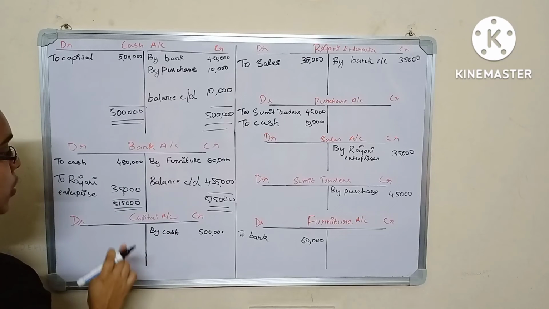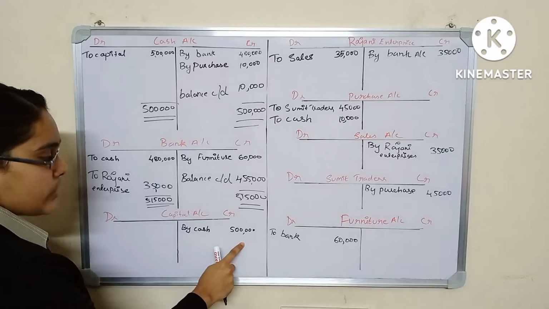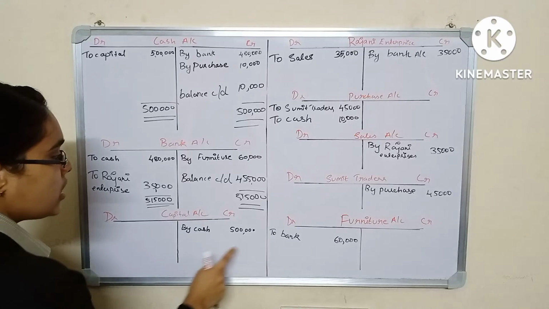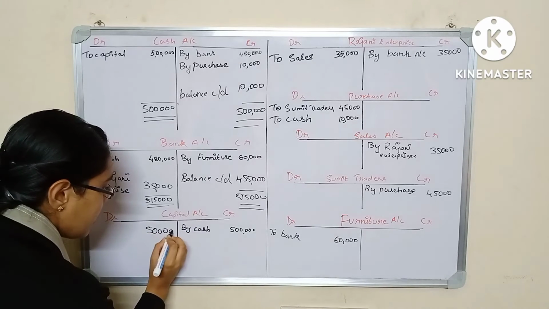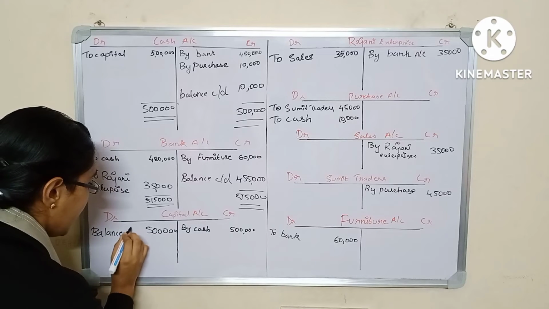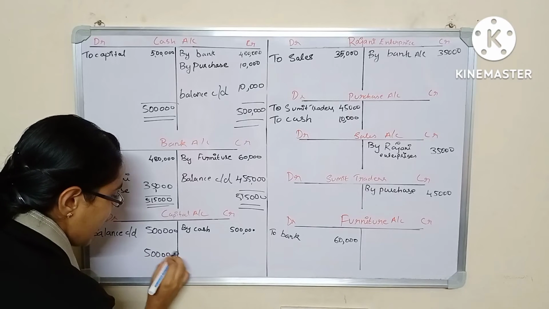Now let us move on to capital account. In capital account, we have just one transaction, which is you brought in capital. You can directly write it here. 5 lakh will be the balancing figure because there is no transaction recorded in the debit side. So you can directly total it and write the closing balance.